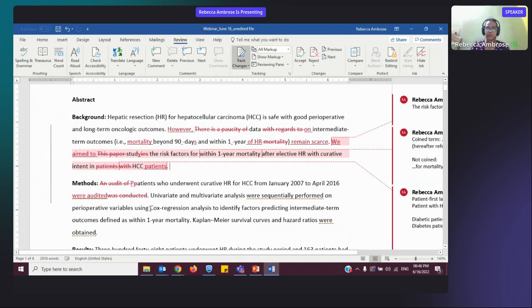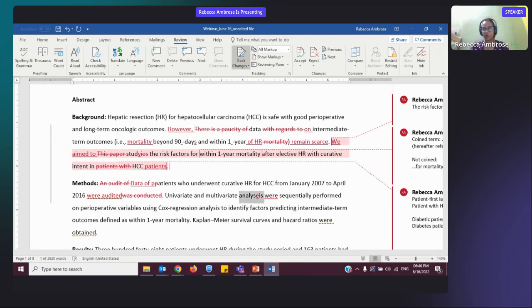Now, another thing to note is that the patients themselves don't get audited. It's actually the data of patients that gets audited. So we're going to say that. Then we have univariate and multivariate analysis were sequentially performed. Now, analysis over here is singular, but it doesn't match the verb, so we're going to replace this with a plural form.